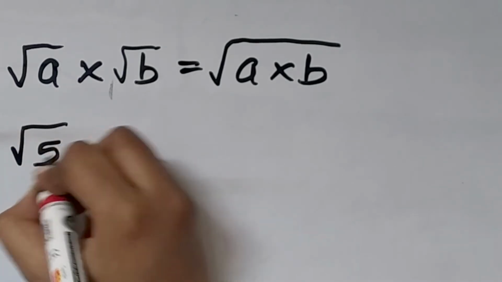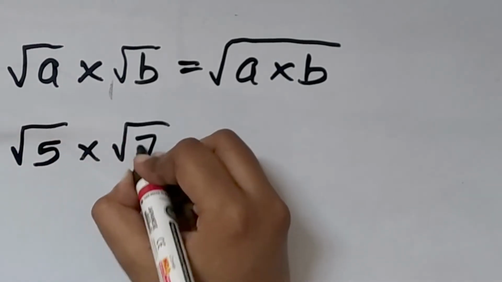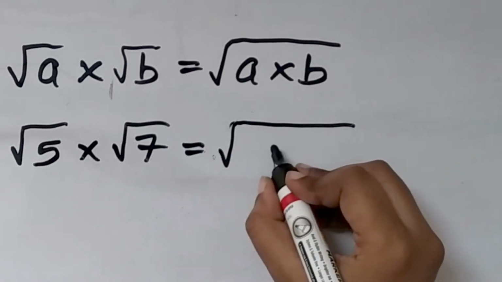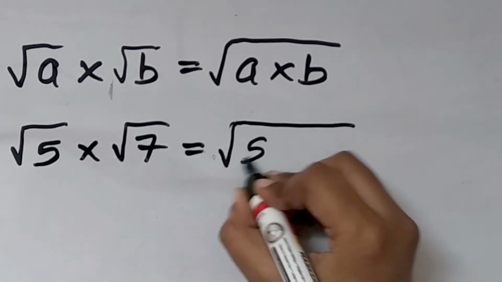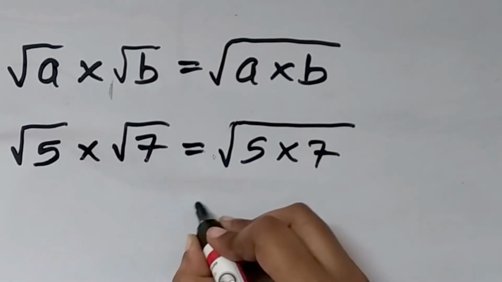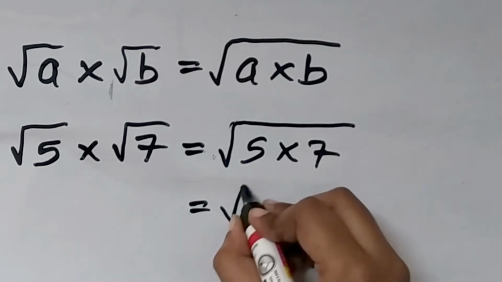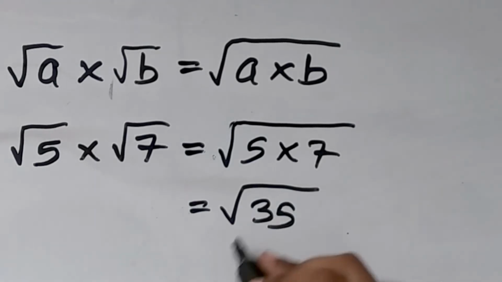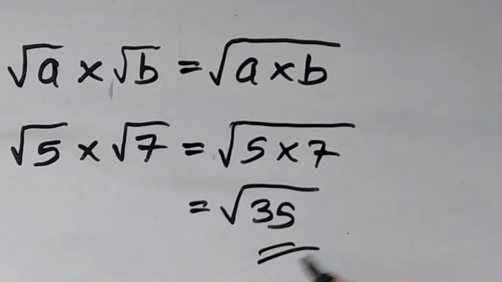Square root of 5 into square root of 7 is equal to square root of 5 into 7, which is equal to square root of 35, since 5 sevens are 35. So square root of 35, this is the final answer.